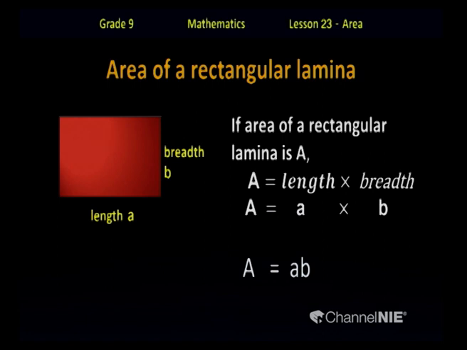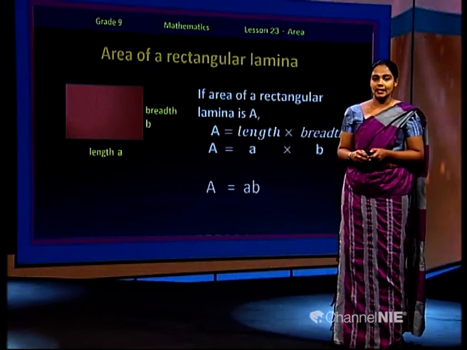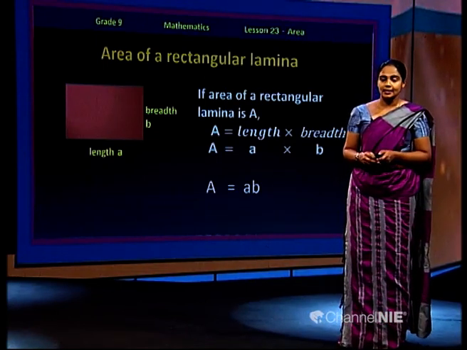Then area is given length into breadth. Simple a and simple b are used for length and breadth. Then last, we can write down A equals ab. Then it is the way of finding the area of a rectangle.